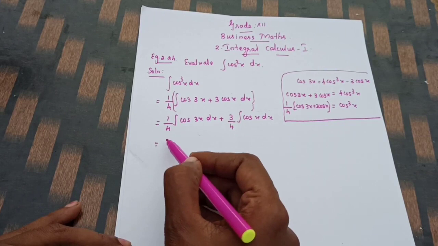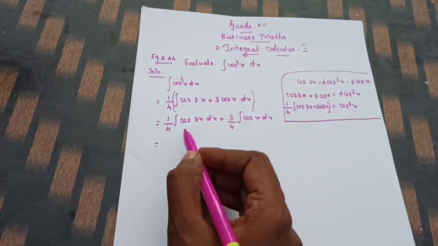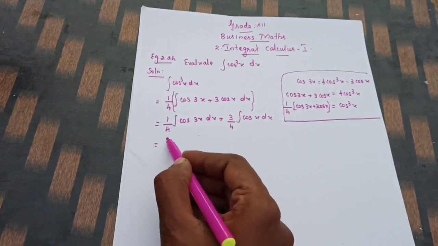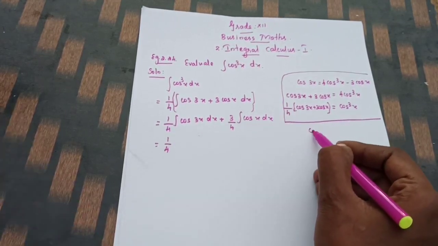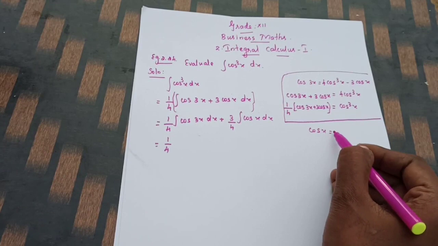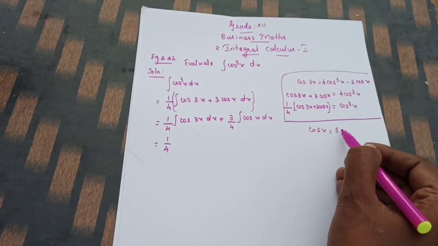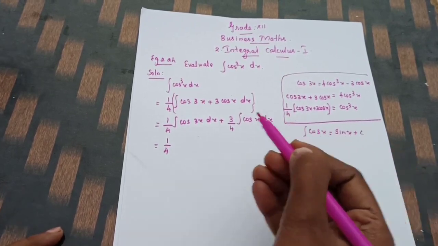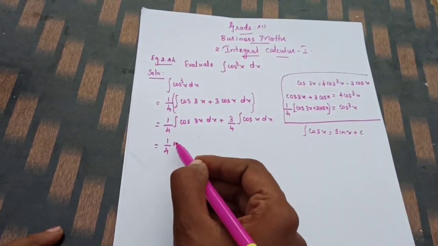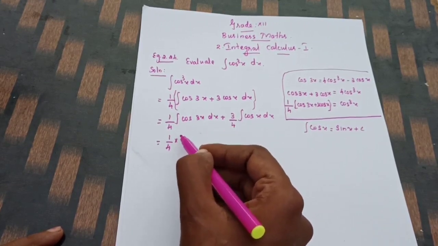That is equal to 1 by 4, which is outside. What is the integral of cos 3x? First, cos x, what's the integral? Sin x, am I right? Sin x plus c. Here, for cos 3x, that particular coefficient you also need to divide.